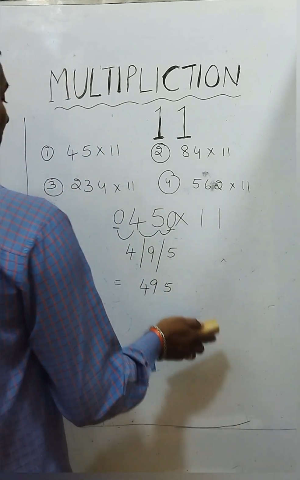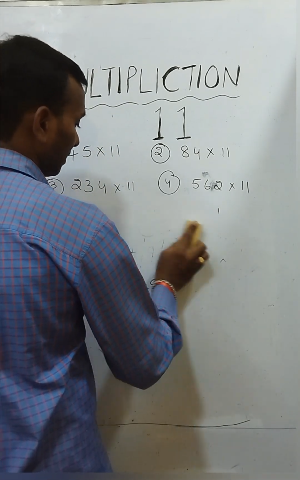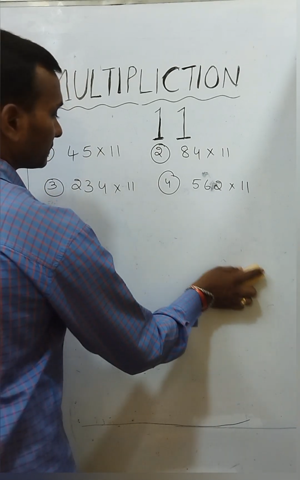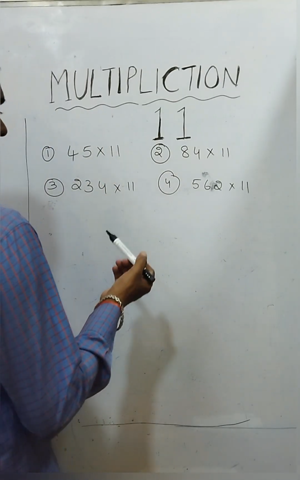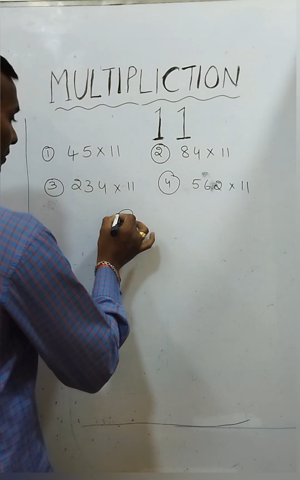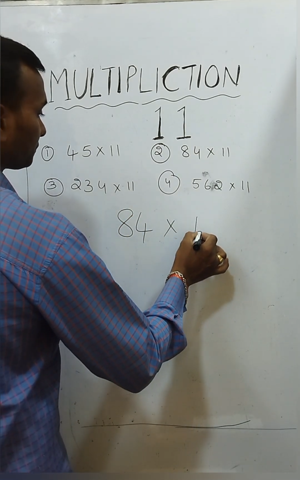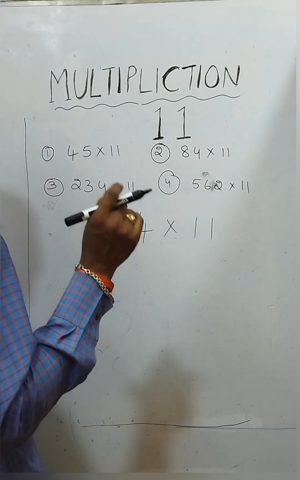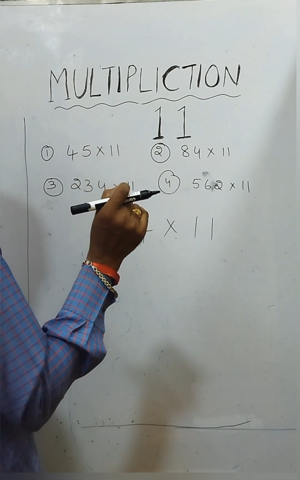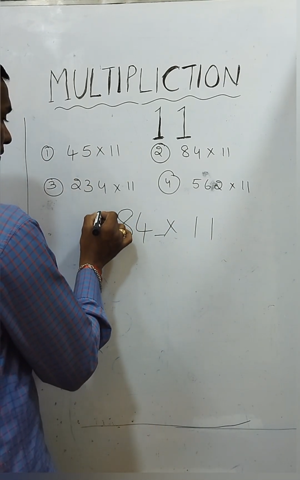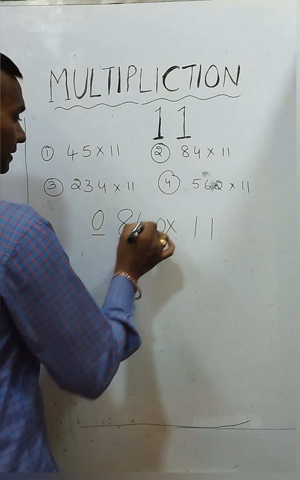I will explain clearly by taking another example so that you can understand better. In this method, first you see, I am doing 84 into 11. Whenever you do multiplication with 11, put 1 0 at the starting and ending.